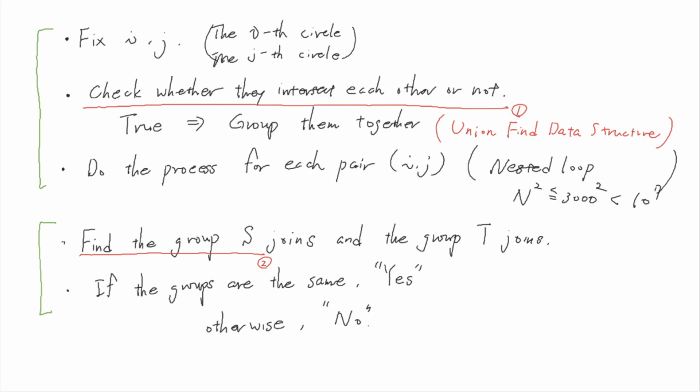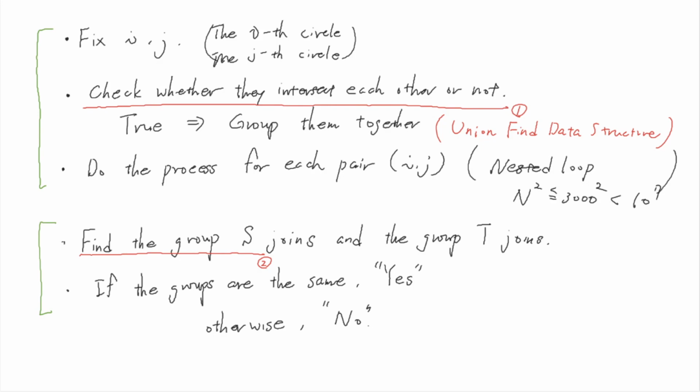So first, fix i and j, and this means we consider the i-th circle and the j-th circle. We consider only two circles now, and then check whether these two circles intersect each other or not. If it is true, that means they really intersect each other, we have to group them together.